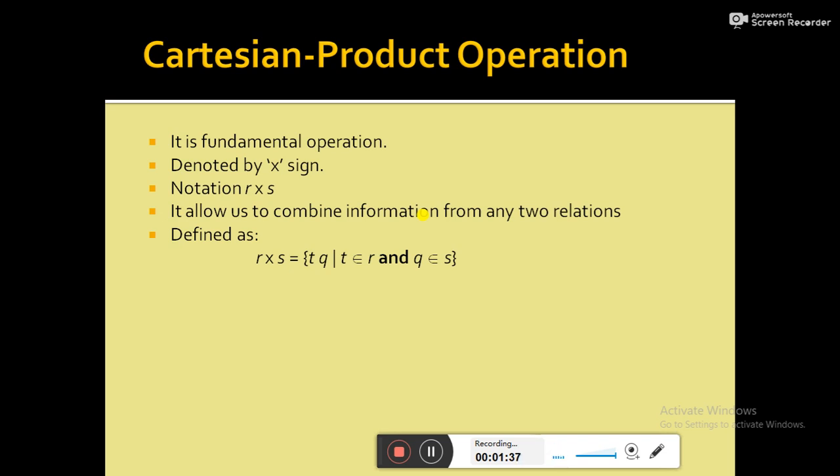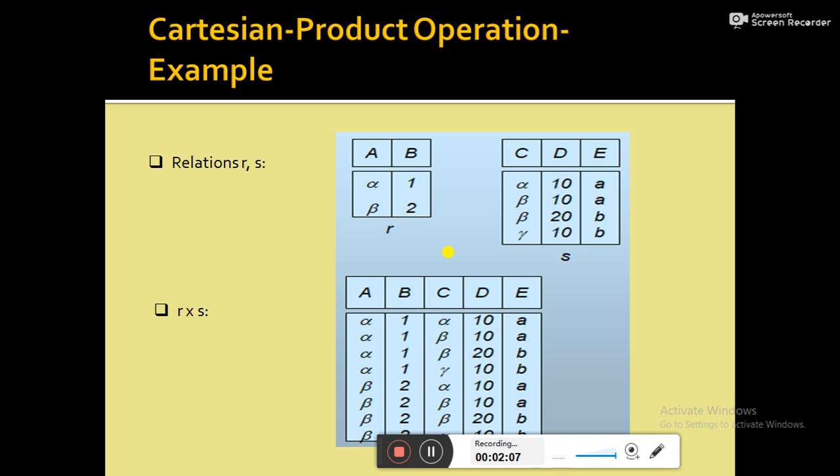By performing the Cartesian product operation between R and S, we will be able to combine all the information from relation R as well as from relation S into a single relation. And the tuple stored in relation R cross S is represented in the form TQ, such that tuple T belongs to R and tuple Q belongs to S.